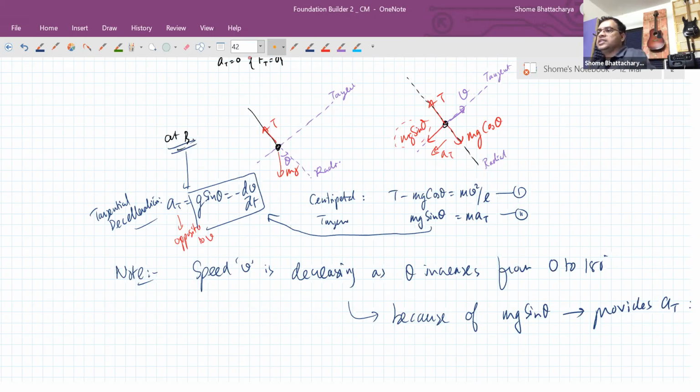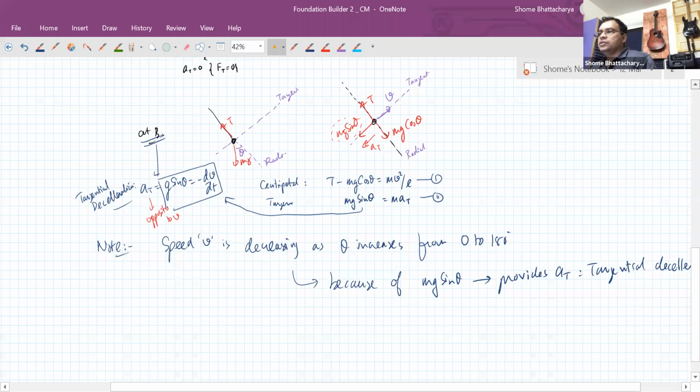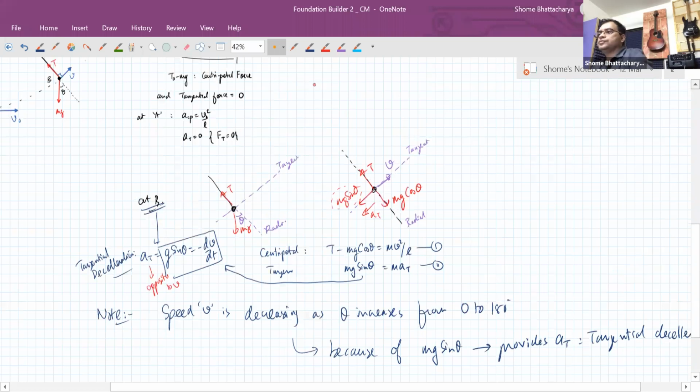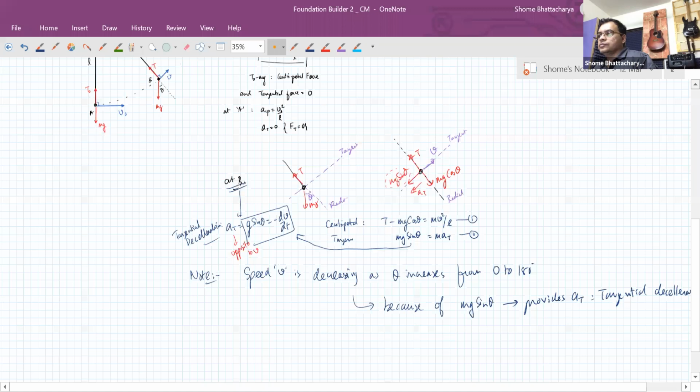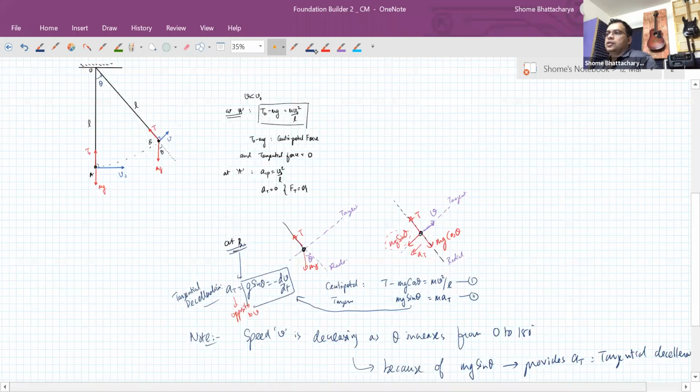Whereas the centripetal force is how much? The centripetal force is this value, T minus mg cos theta, pointing towards the center. That one is the centripetal force. So in any circular motion, when we write net force is equal to mass into acceleration, we divide the acceleration into centripetal plus tangential.